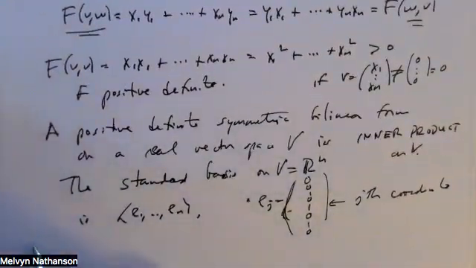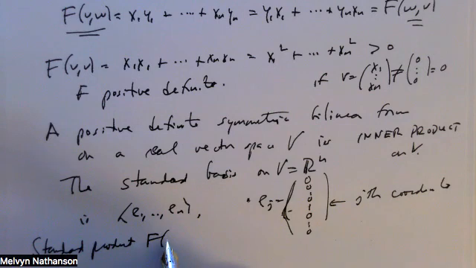We usually denote the standard inner product by, we just write v comma w.